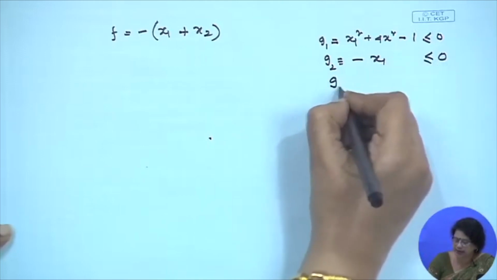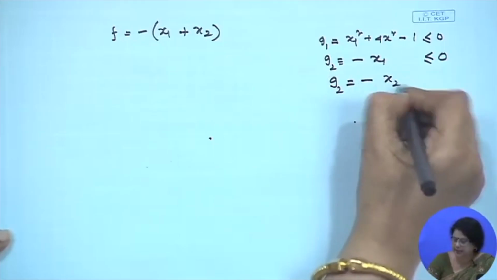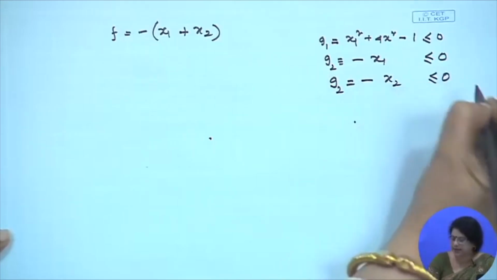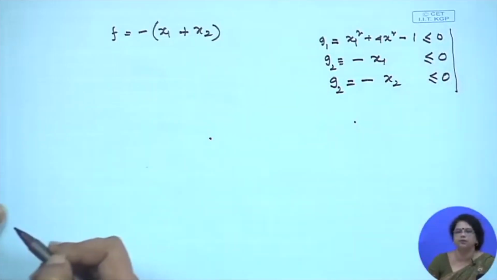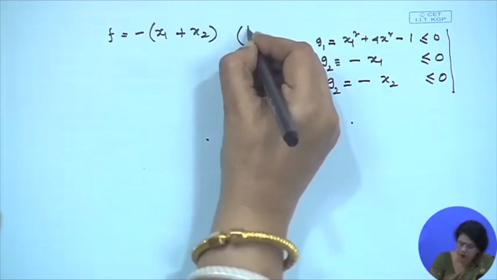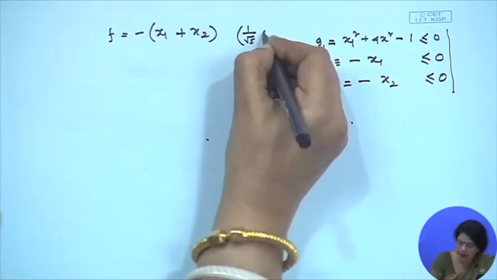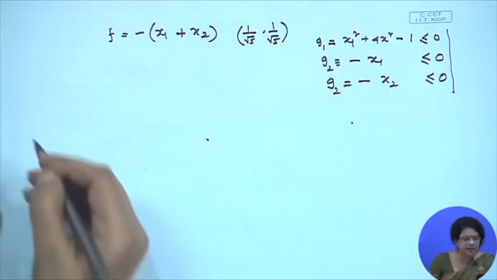To make it in the same direction, all the inequalities we can consider this way. These are basically the non-negativity constraints for the decision variables. Okay. Now, there is a point given, 1 by root 5 and 1 by root 5. Now, there are three directions given.